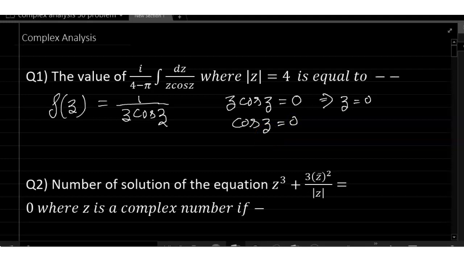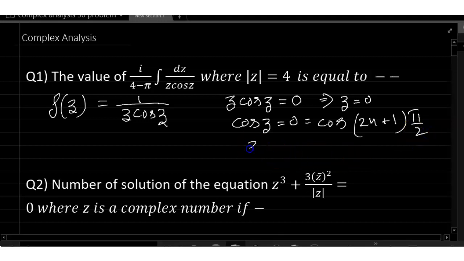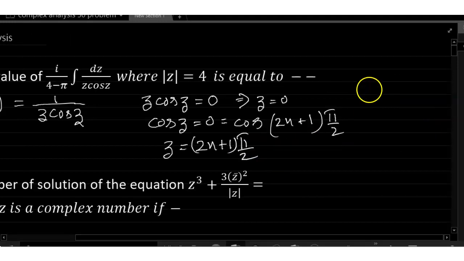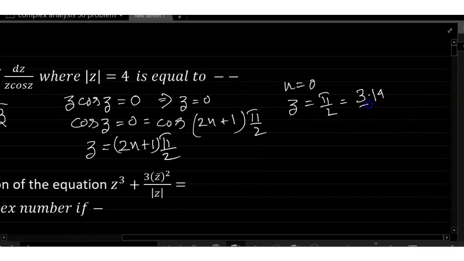When cos z equals 0, then z equals (2n+1)π/2. So for n = 0, z = π/2, and with π = 3.14, z = 1.57.